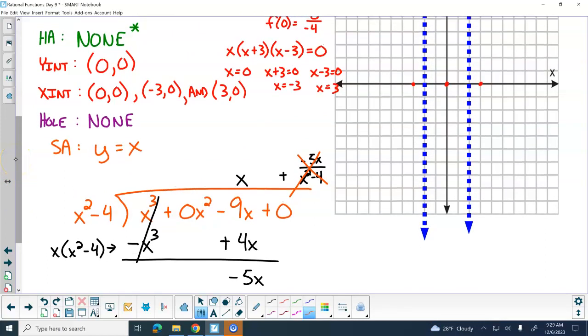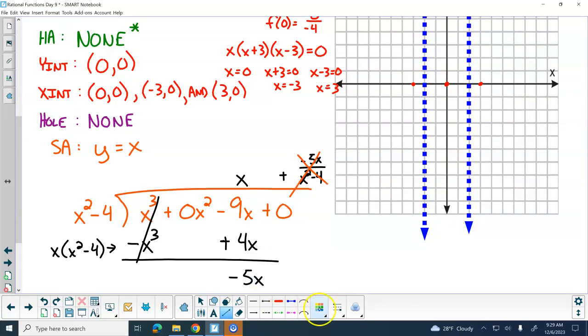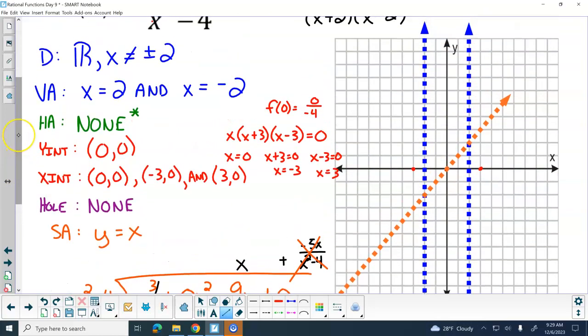Okay. So then we can go to our graph. And we can put in our slant asymptote.